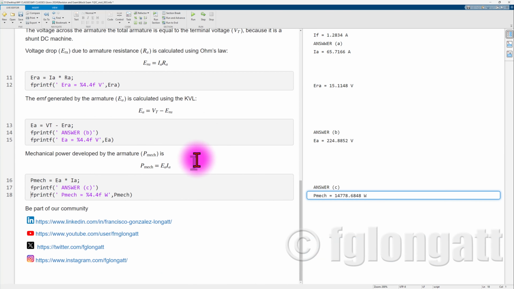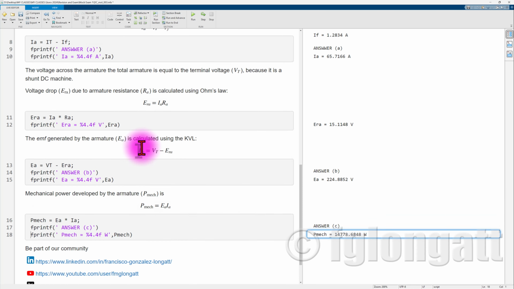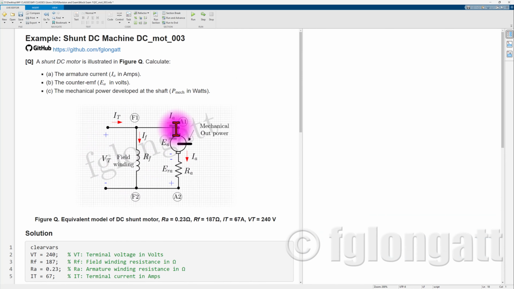From there, we finished the numerical calculation in this very simple example. The idea of this example is that you become familiar with the circuit model of the DC machine.